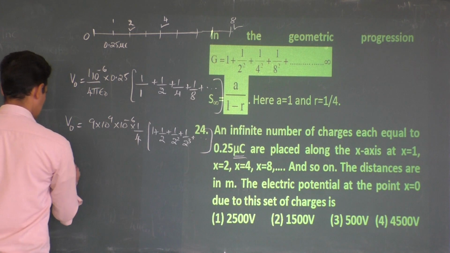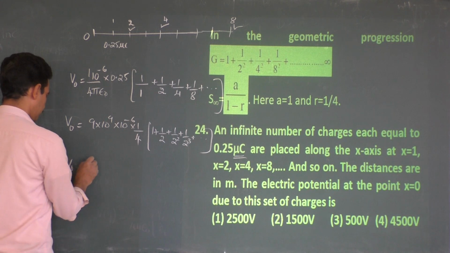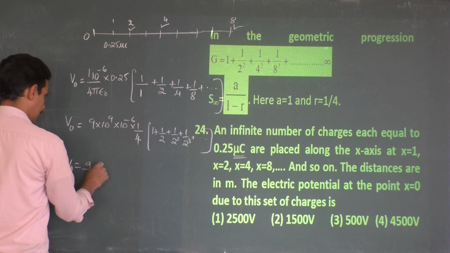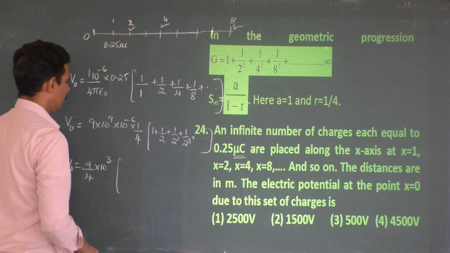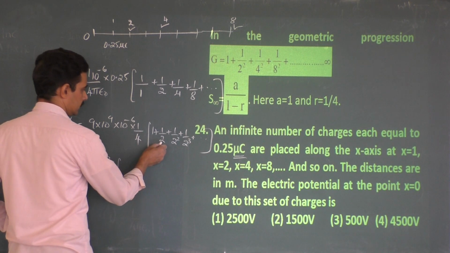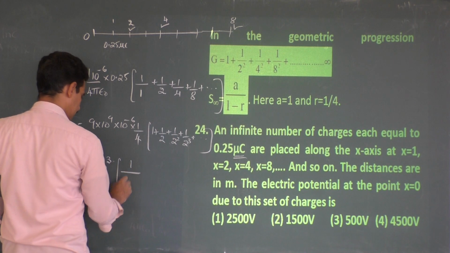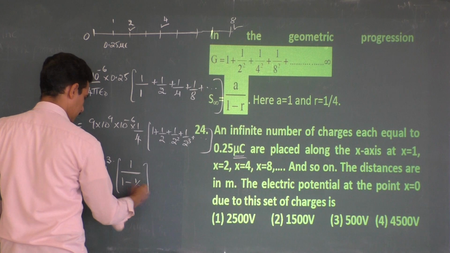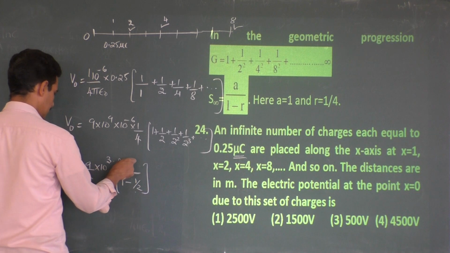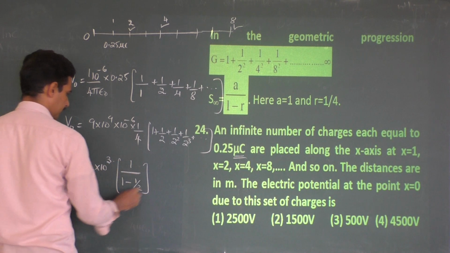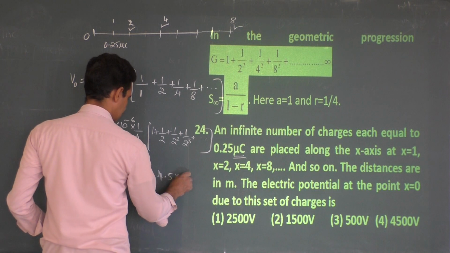Then potential at O is 9 by 4 into 10 to the power 3. Here 1 by 2 is the common ratio. First term divided by 1 minus common ratio gives half in the denominator, so 2 comes to the numerator. 2 fours are 8, so 4.5 into 10 to the power 3 volt.